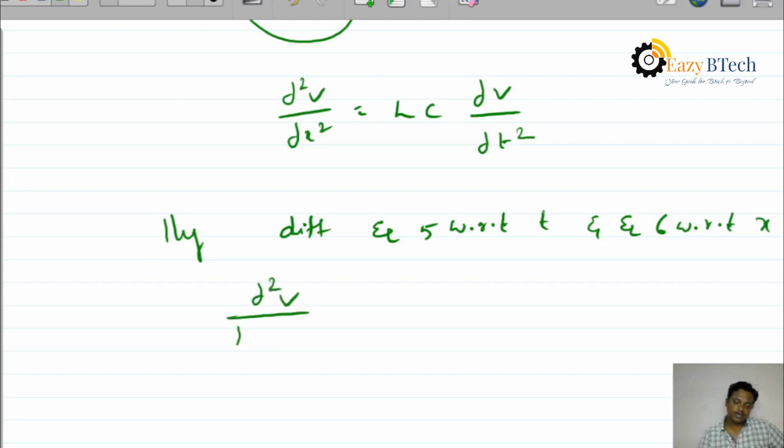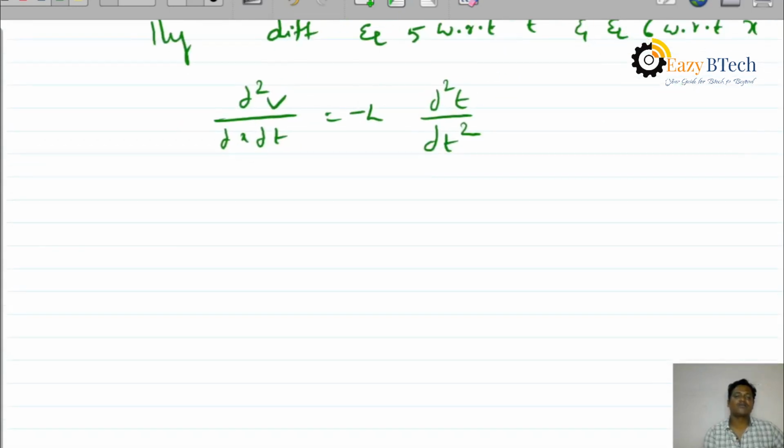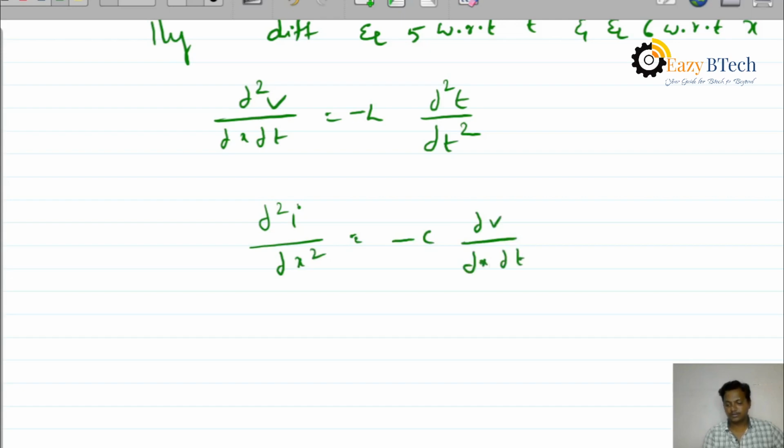From equation 5, dou square v by dou x dou t equals minus L dou square I by dou t square. From equation 6, dou square I by dou x square equals minus C dou square v by dou x dou t.